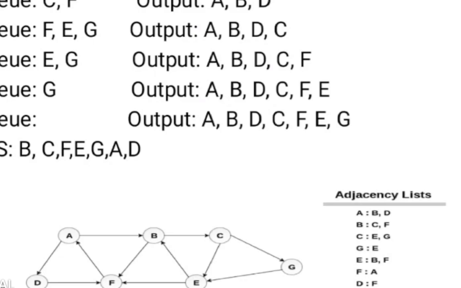From E, G is there in the queue. Next output is G.